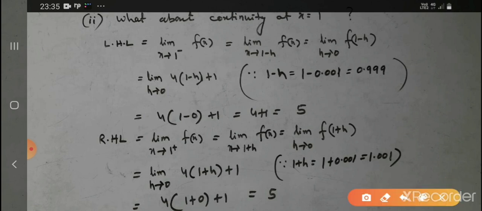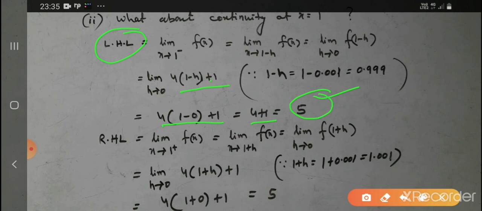So 4 into 1 minus h, plus 1. So limit h tends to 0, put the h value as 0. So that is 4 into 1 minus 0 plus 1, that is 4 plus 1. So this equals 5. So left hand limit equal to 5.